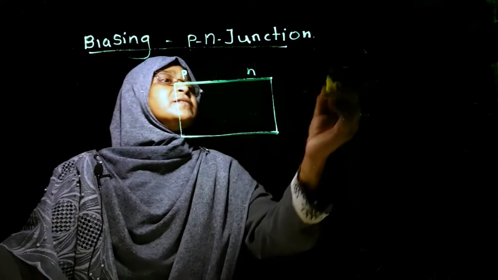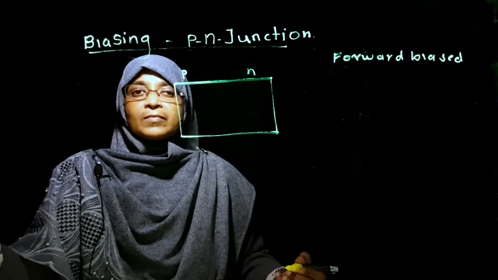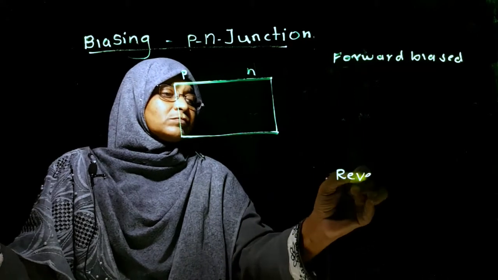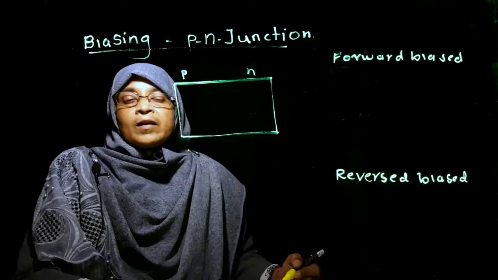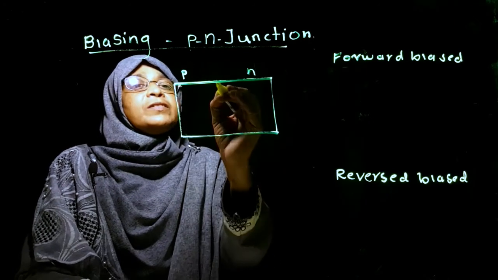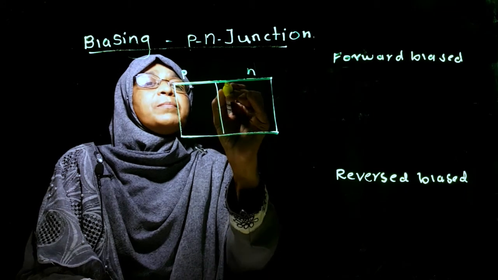Number one, forward bias. The other one, reverse bias. Now let us see the forward bias. We know there is a depletion area.